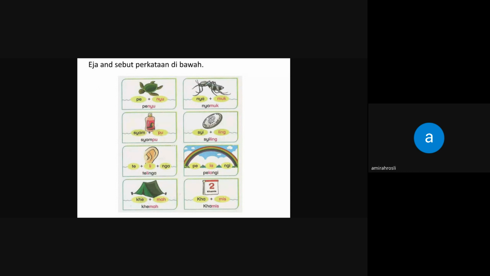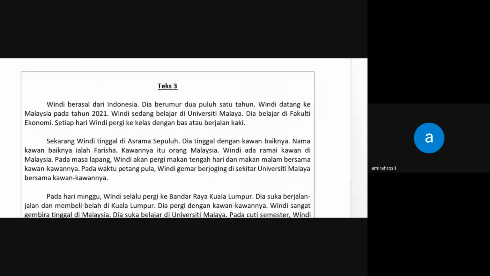Okay, let's have some examples on how to pronounce some words in the text. So now I'm reading text 3. We have the second paragraph. So let's try to listen and practice on how to pronounce each word in this paragraph. I mean, in this sentence that I highlighted. Okay, so, sekarang Windy tinggal di asrama 10.